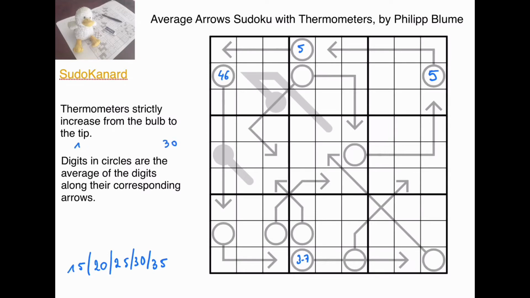So it will be at least 12, at most 32. 28 actually. So this one is between 3 and 7. So this sum of 3 digits is between 9 and 21.